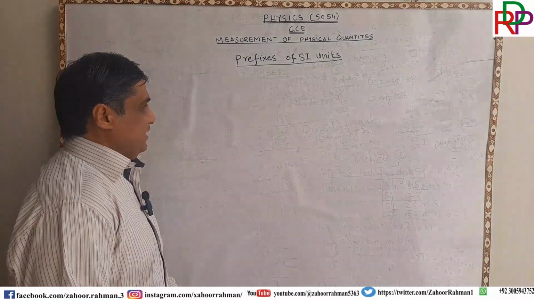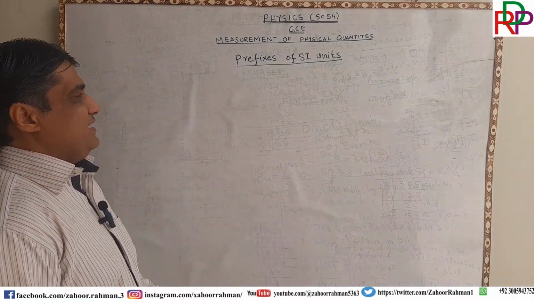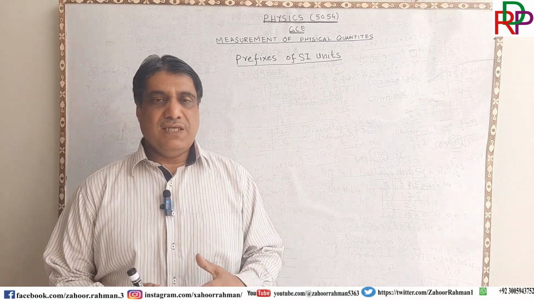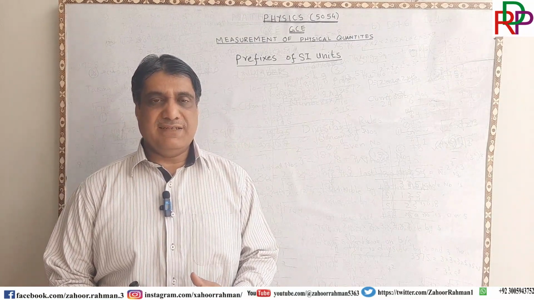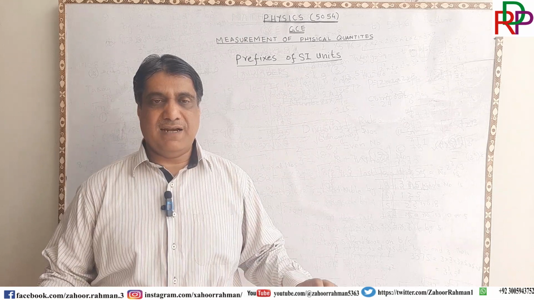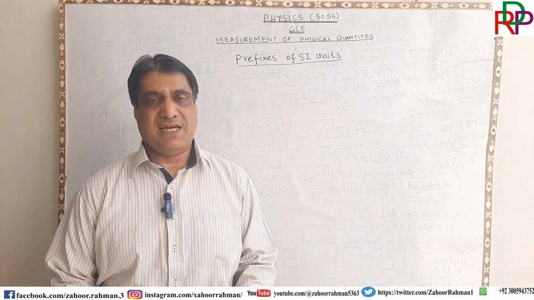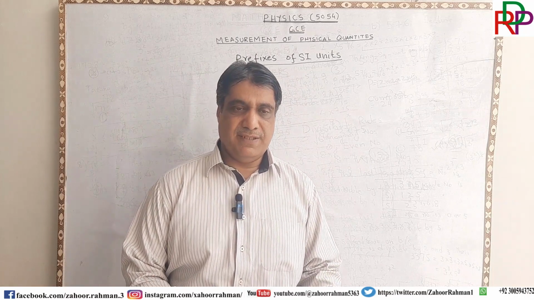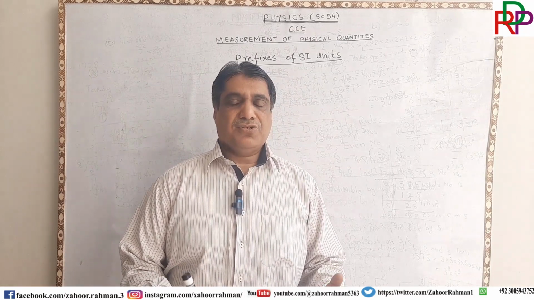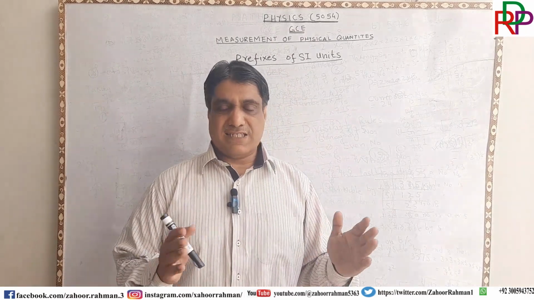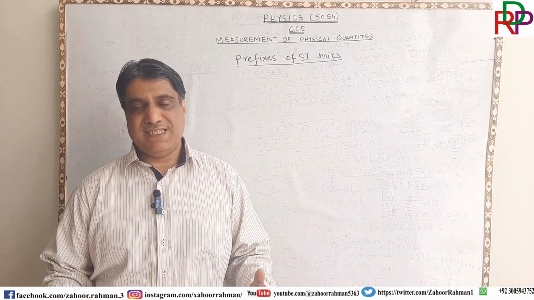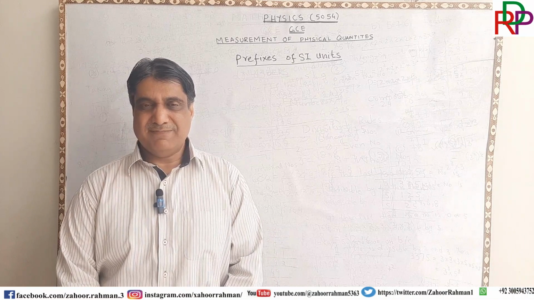Okay, let us jump into the prefixes of SI unit. Sometimes in science we are writing a very big, large number, and sometimes we are writing a very small number. So big numbers or small numbers can be written in physics in 2 ways.